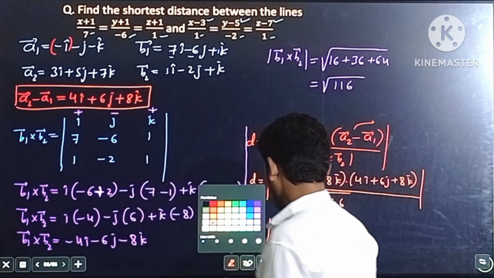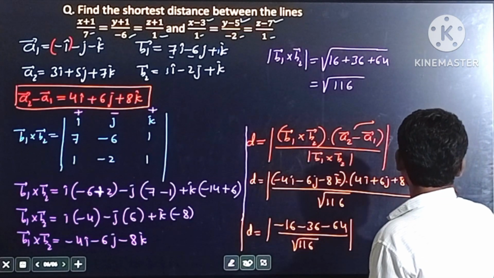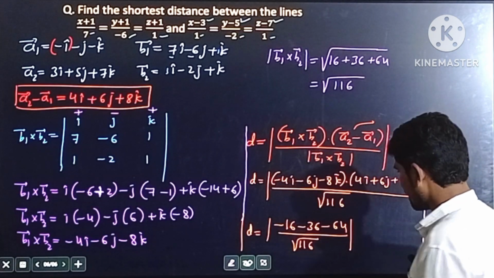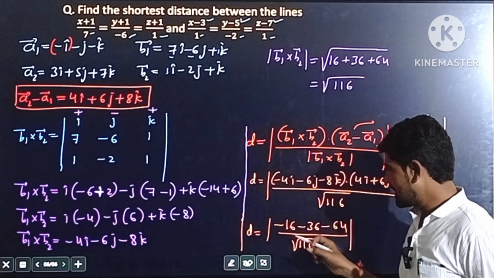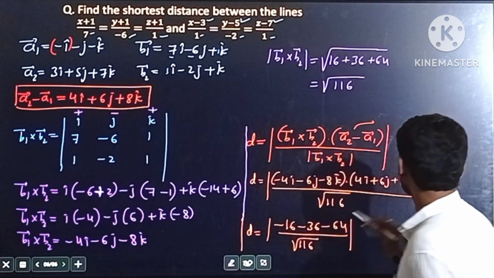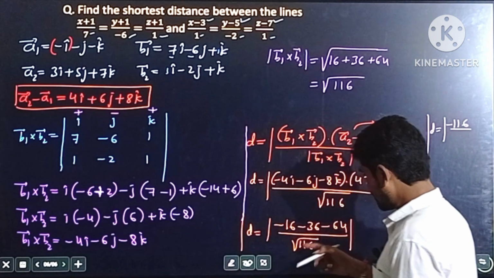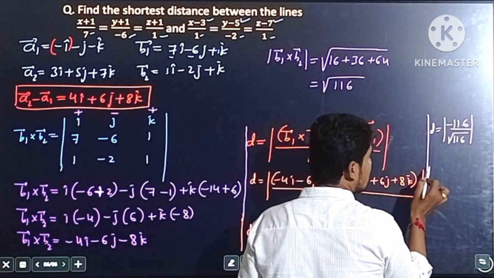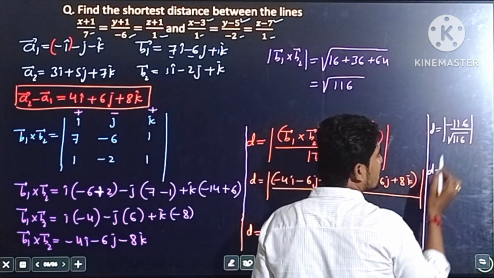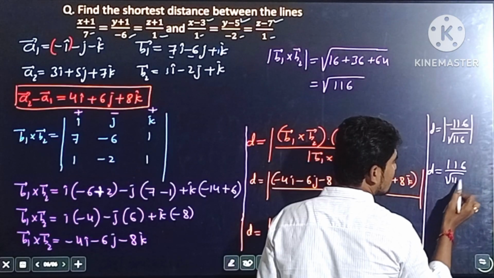So the value of D is equal to the modulus of minus 64 minus 36 minus 16, which is minus 116, divided by root 116. Hence, D is equal to the modulus of minus 116, which is 116, divided by root 116.